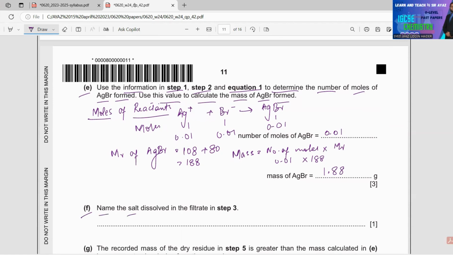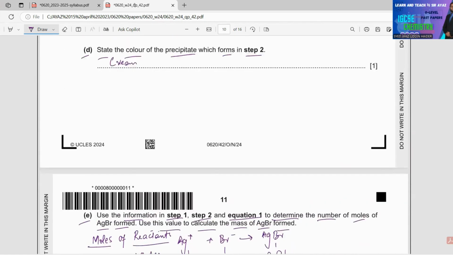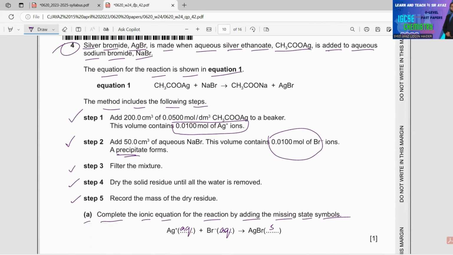F. Name the salt dissolved in the filtrate in step 3. So in step 3, we are filtering the mixture. We are getting solid AgBr, which is removed as residue. So the other product must be soluble.